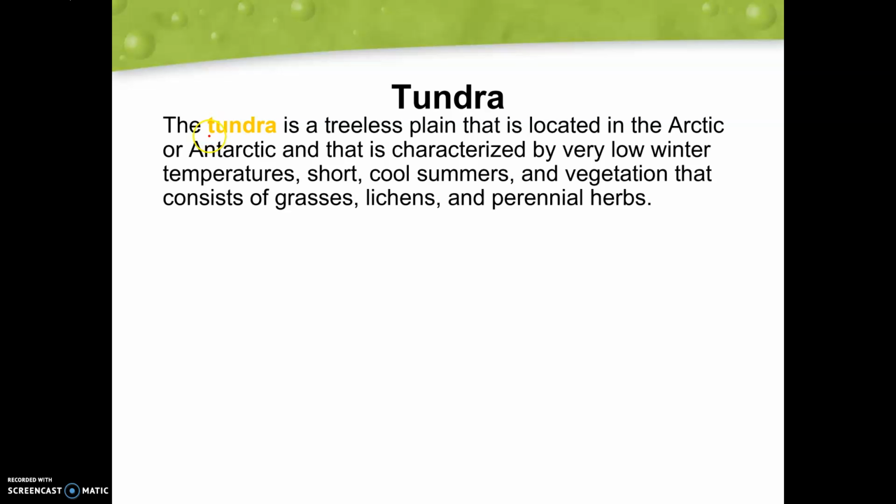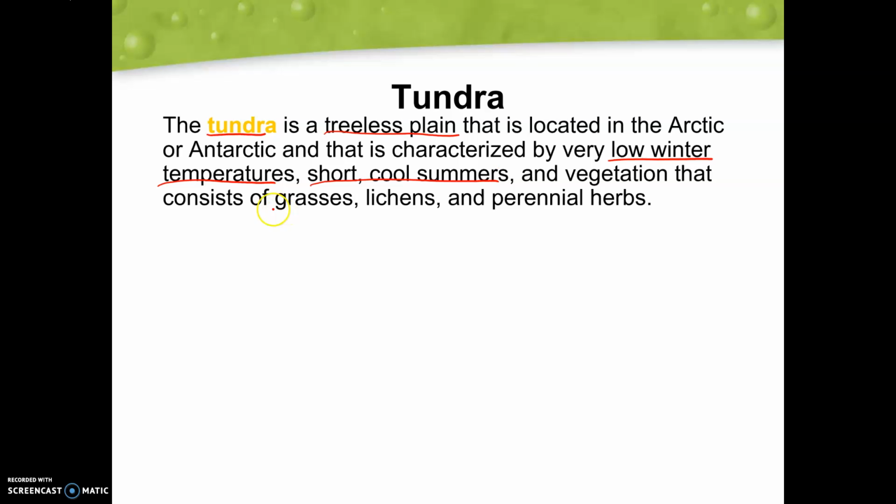So tundra can be characterized as a treeless plain located in the Arctic and Antarctica that is characterized by a very low winter temperature and short, cool summers.